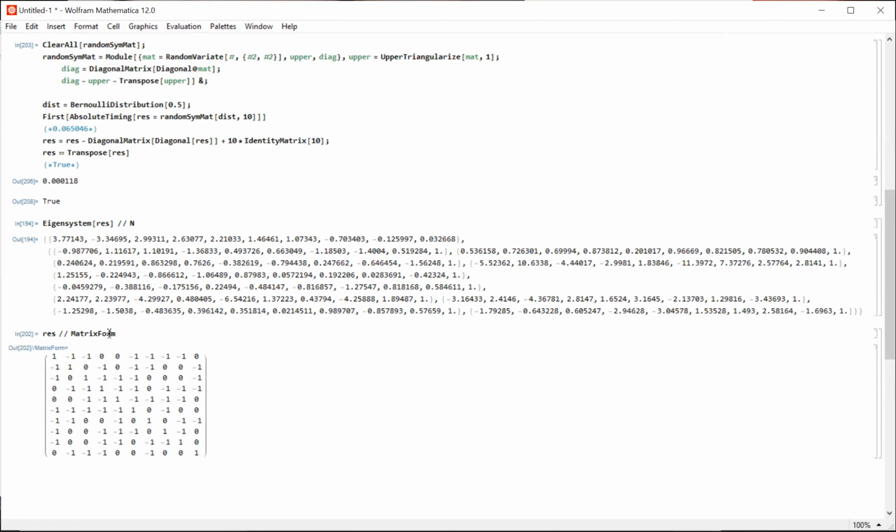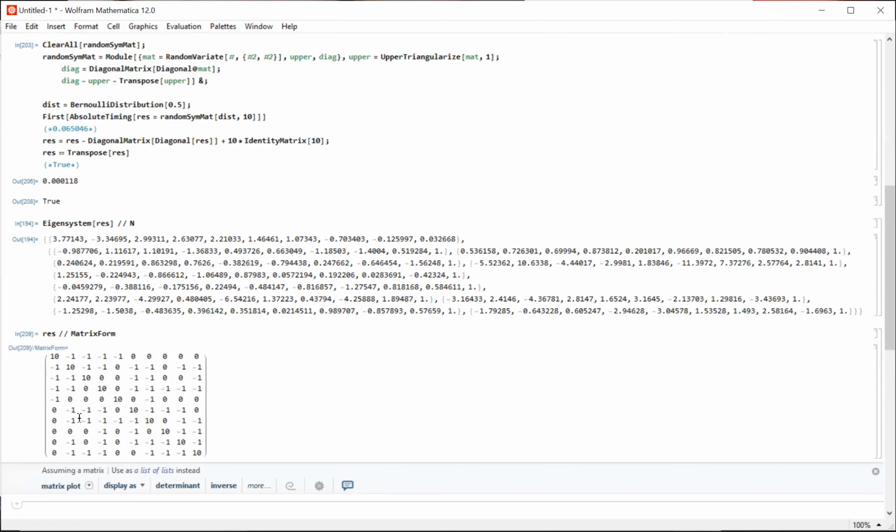So here we have -1 for the hopping term. And it's symmetric, of course, then 10s along the diagonal. Remember what I told you, that this matrix, if you ignore the diagonal, the bound state part, just corresponds to the links between, in this case, 10 atomic centers.